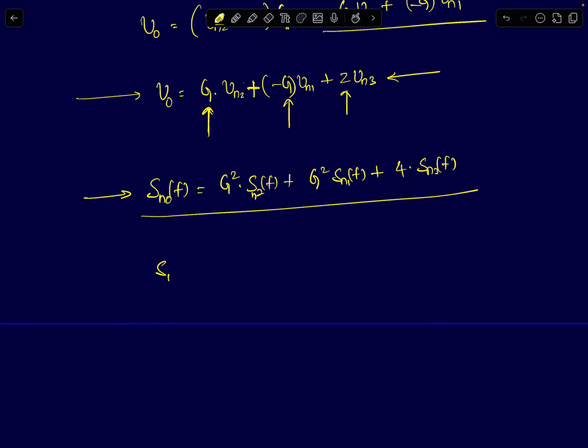So the Ni of f is simply SNO of f divided by g square. If I have to refer it to the input, remember, this is noise spectral density. It's usually a power spectral density. Therefore, I am dividing it by g square. If I were to ask you the voltage spectral density, then you can divide it by g.